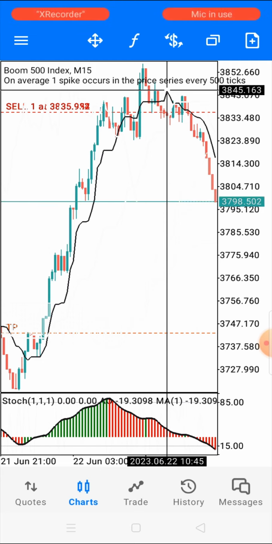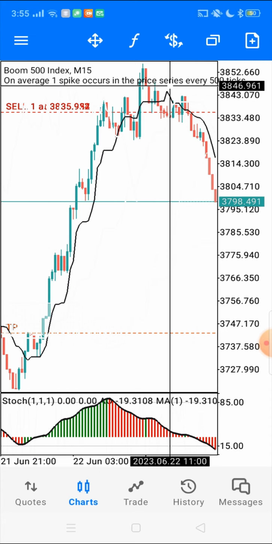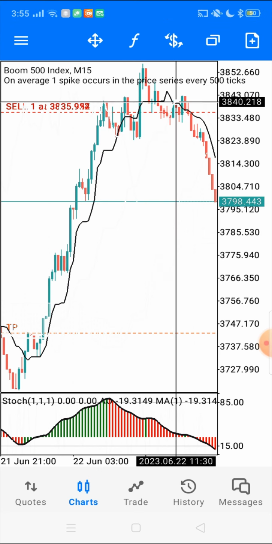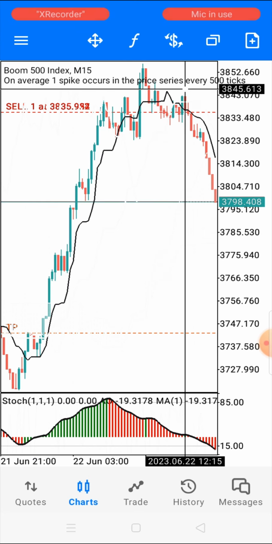Give some space and place your target, your exit at that level. That means your SL should be around that level. Now price, if it spikes into that level, it will take you out. That means you won't have to take much losses.